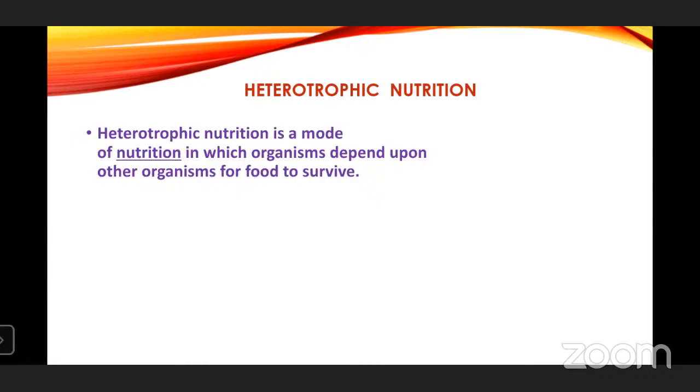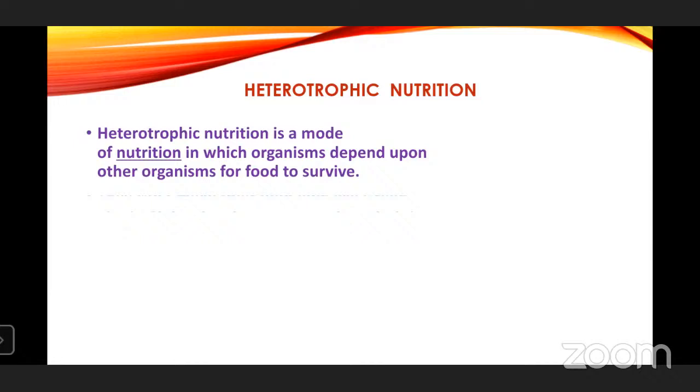Heterotrophic nutrition is a mode of nutrition in which organisms depend upon other organisms for food to survive. Two types of nutrition are there: autotrophic nutrition and heterotrophic nutrition.